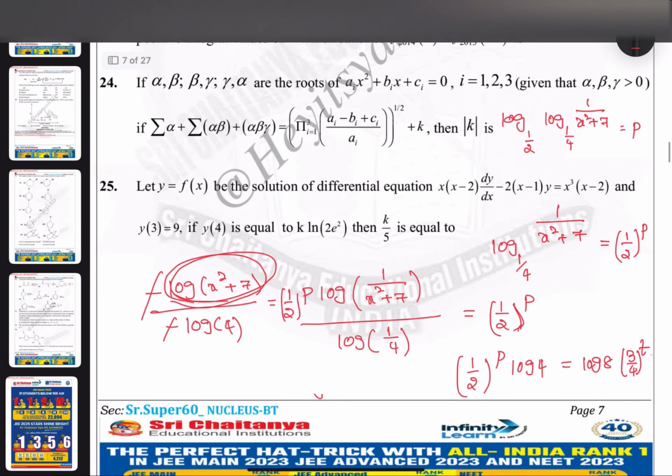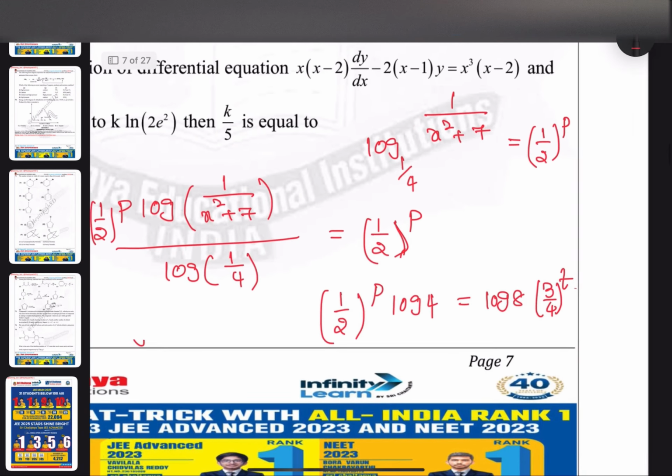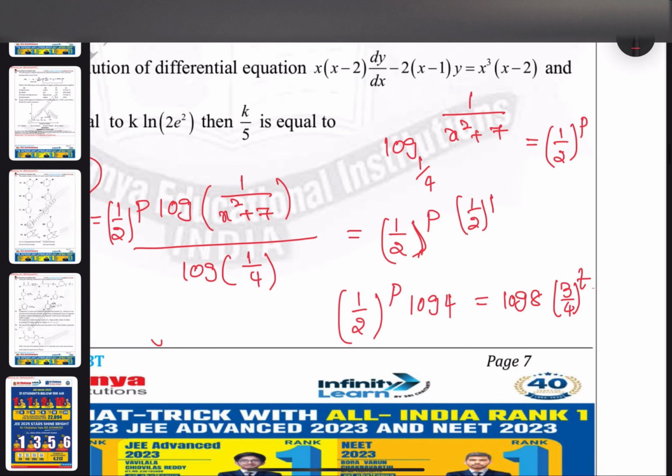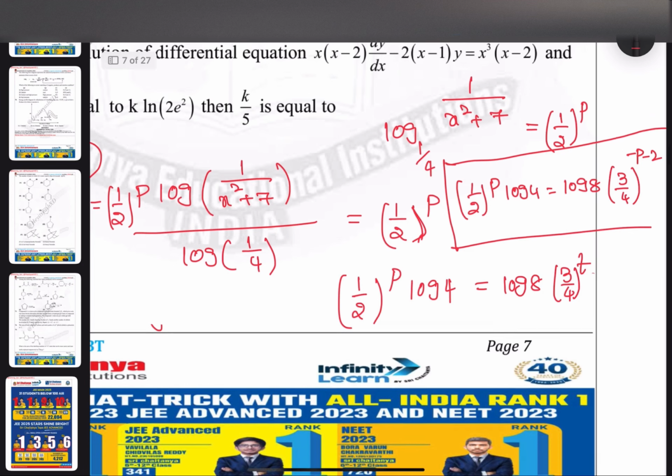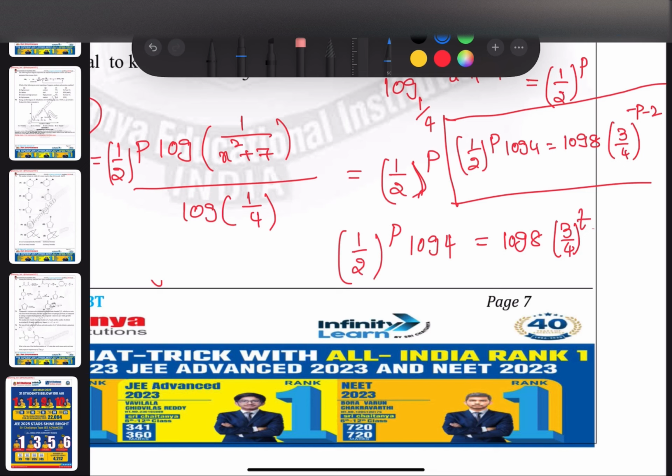So t can be written as minus 2 minus p. So 1 by 2 whole power p log 4 is equal to log 8 times 3 by 4 whole power t, which can be written as minus p minus 2. Now 1 by 2 whole power p can be written as 1 by 2 power p.